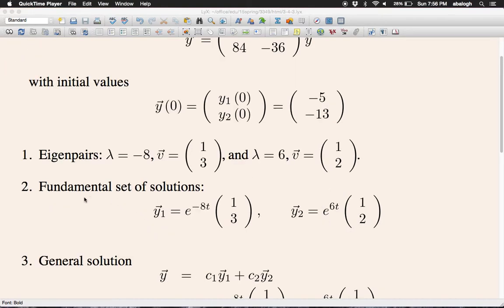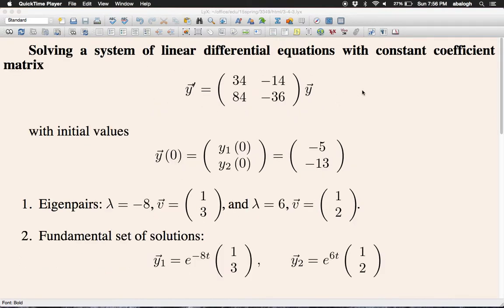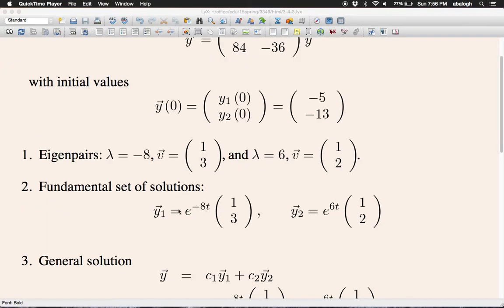So that means the theory says that we obtain a fundamental set of solutions for the system of differential equations if we write two vectors: y1 equals e to the -8t, where -8 is the eigenvalue, times the corresponding eigenvector 1, 3. And the other solution, y2, is e to the 6t, where 6 is the other eigenvalue, with its corresponding eigenvector 1, 2.